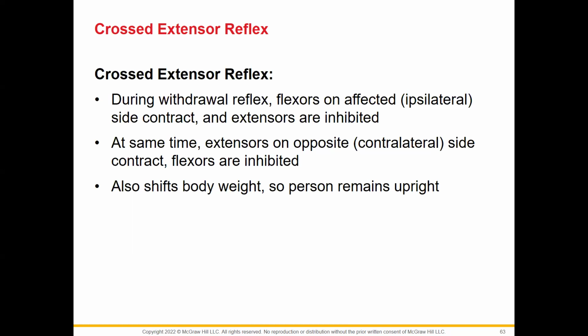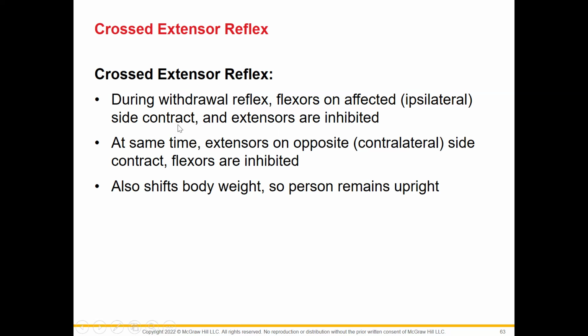This is why I'm able to withdraw my hand, because my biceps, which is the flexor muscle on the ipsilateral side of the heat or the damage, will contract, and the extensors will be inhibited, so the triceps will be inhibited, so I can withdraw my hand. This is what the withdrawal reflex is.